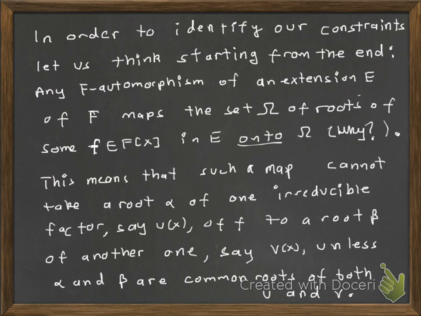But another question pops up here, which I will pose later on as an exercise, but let me mention it here too. Is it even possible for two non-associate irreducible polynomials to share a single root, even a single root? Is it possible?